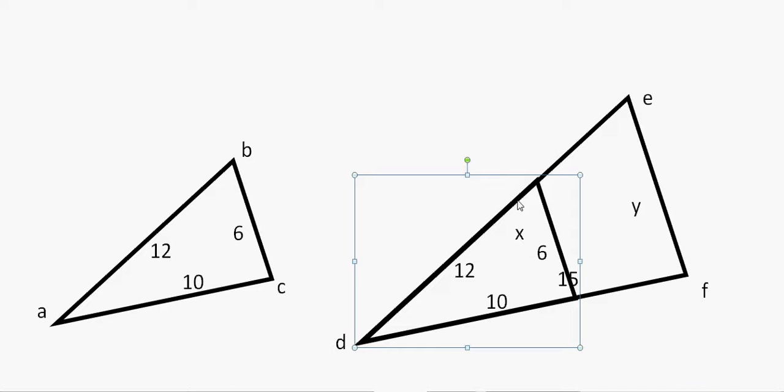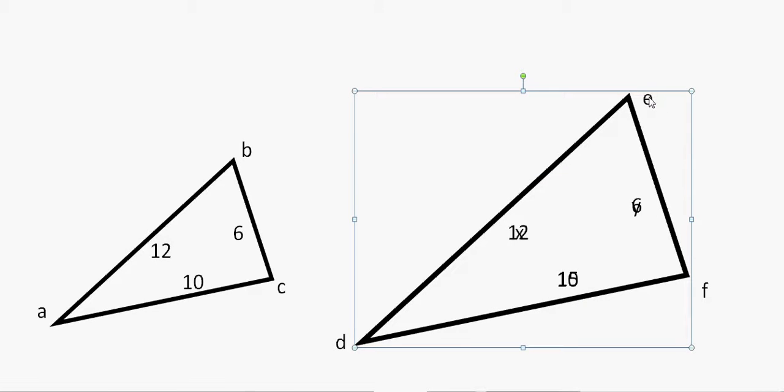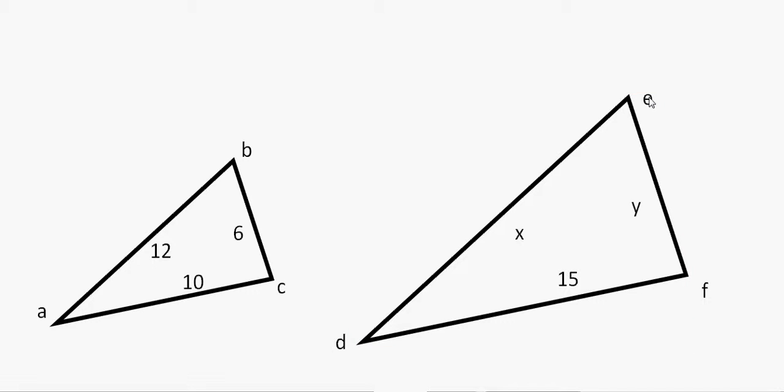And I'll notice if I stretch triangle ABC, I can stretch it to where the side that's 10 would be 15. But I have to stretch all the other sides as well. So I am going to look at the question of what is x, what is y. So I know they're similar because I've compared the angles.